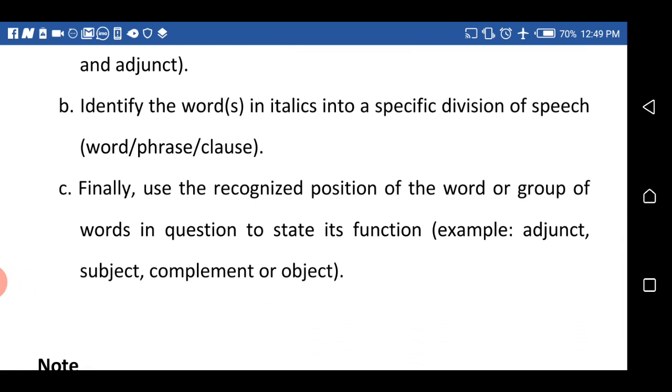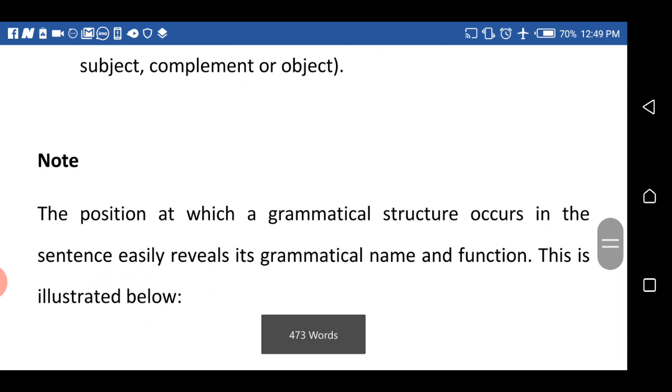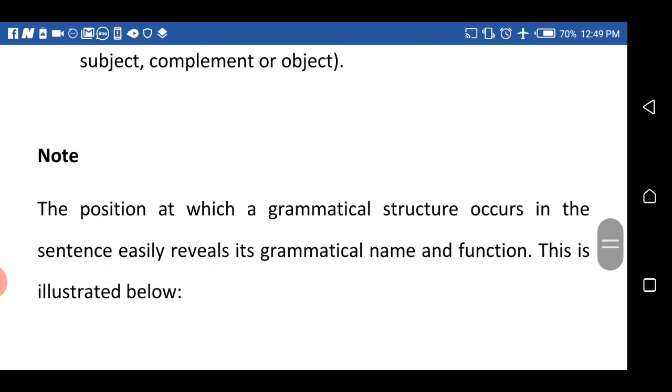Finally, use the recognized position of the word or group of words in question to state its function. Function which could be adjunct, subject, complement, or object. Please note, the position at which a grammatical structure occurs in the sentence easily reveals its grammatical name and function.